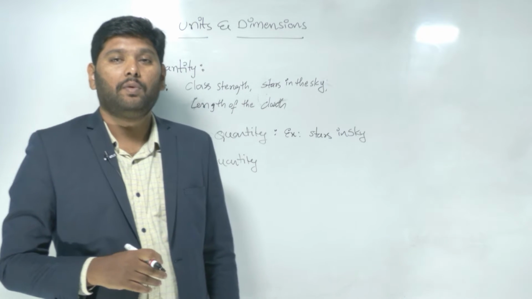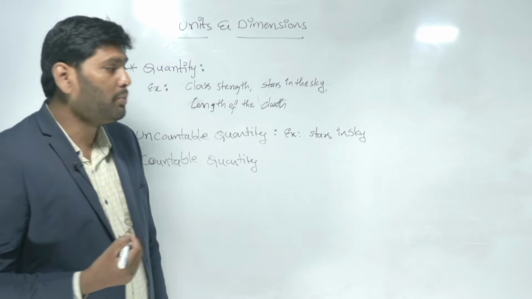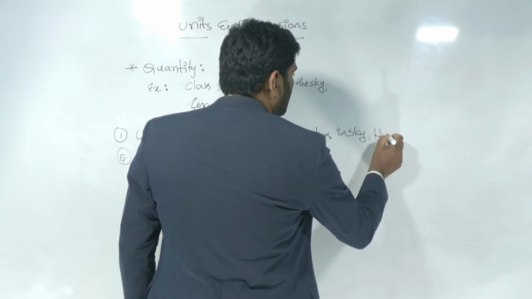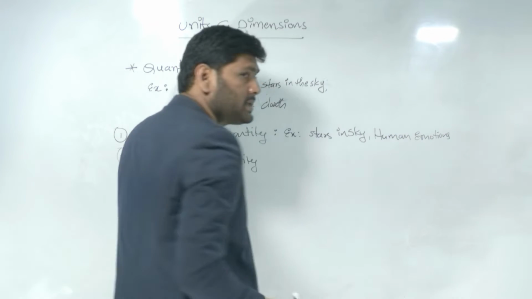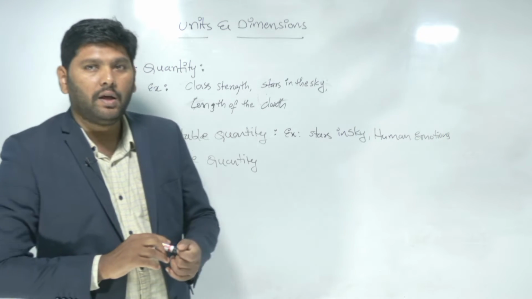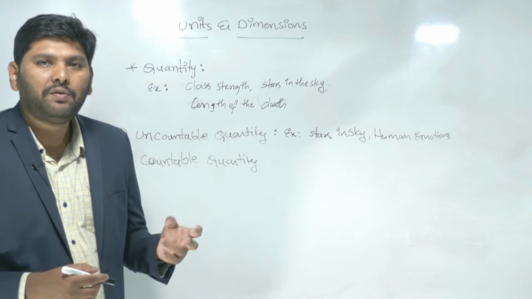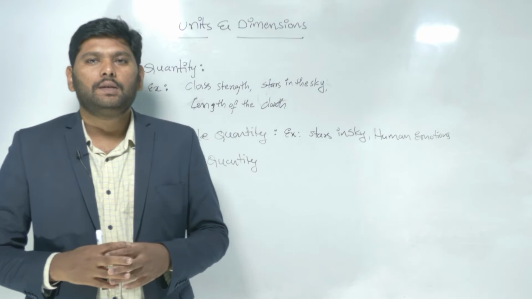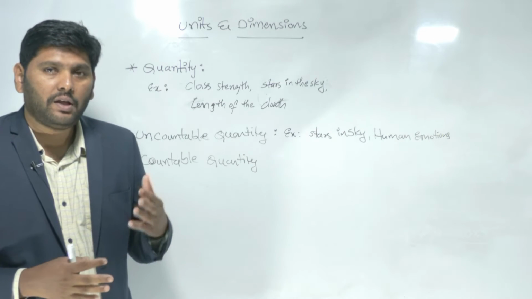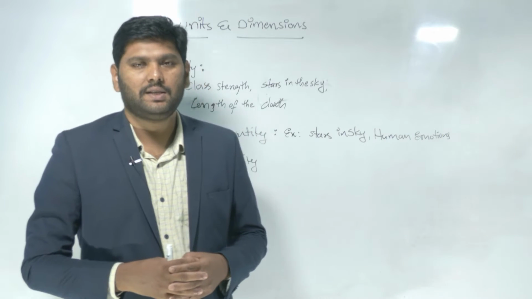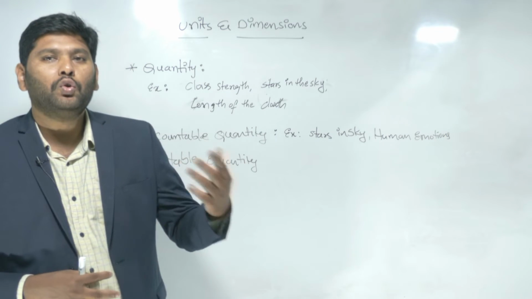We cannot measure how many stars are present. Even human emotions, isn't it? Human emotions also cannot be estimated. For example, the affection between your mother and you is a quantity, but we cannot estimate it, because we have no instrument to measure human emotions.